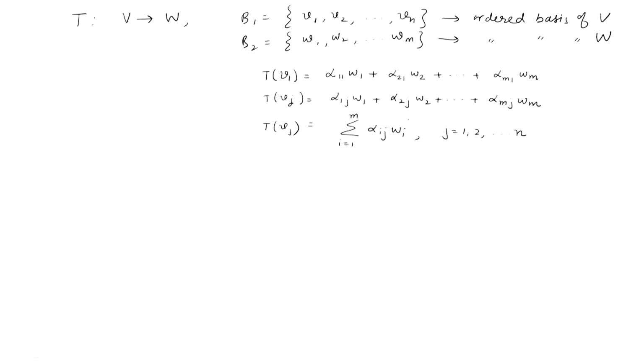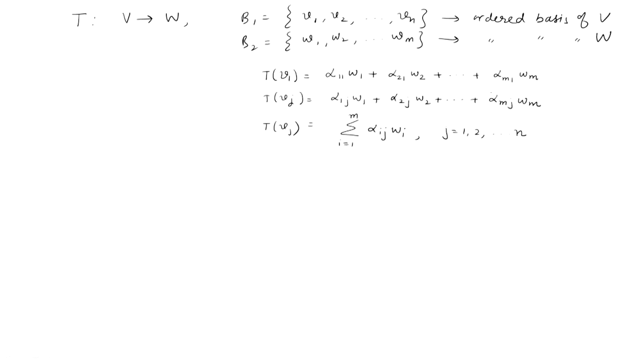Now, if you take the first element V1, T of V1 is given by this, and these scalars are called the coordinates of T V1. The coordinates of T V1 are alpha 1 1, alpha 2 1 up to alpha m 1. The coordinates of T V2 will similarly be alpha 1 2, alpha 2 2 and so on up to alpha m 2.